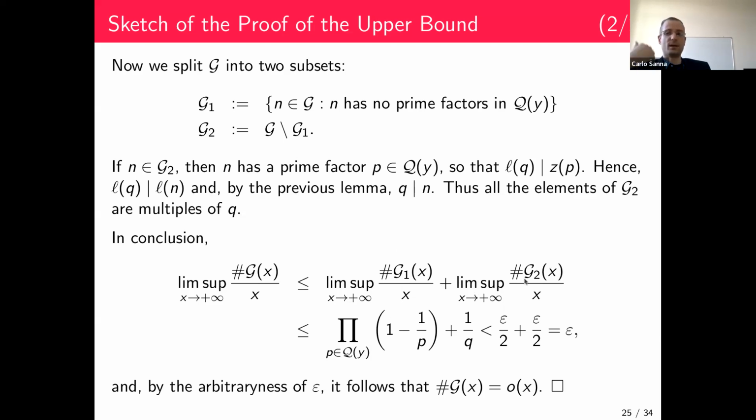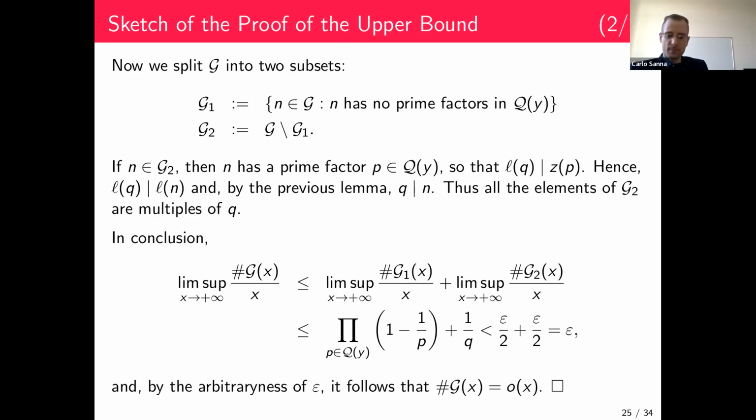But we said that the elements of G2 are all multiples of Q, and so this ratio is less than 1 over Q. By construction, these two terms are both small, and therefore we get that the natural density of G is arbitrarily small, and so it must be equal to 0. So this is the proof of the upper bound, at least a brief sketch.